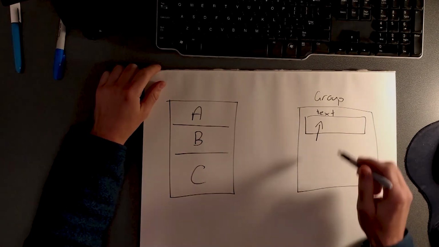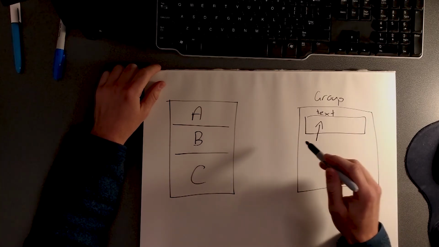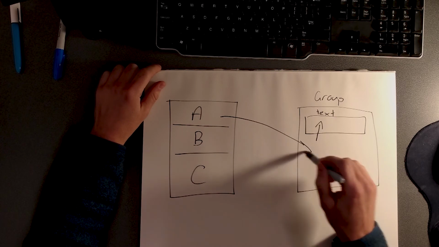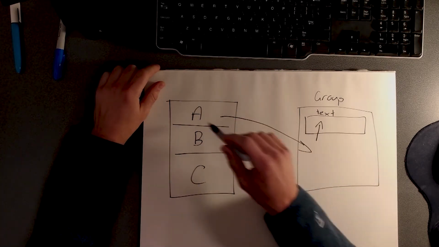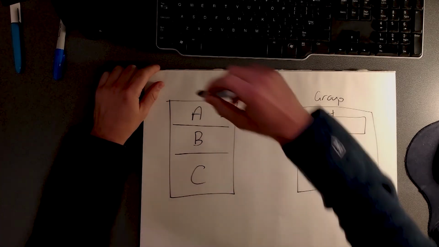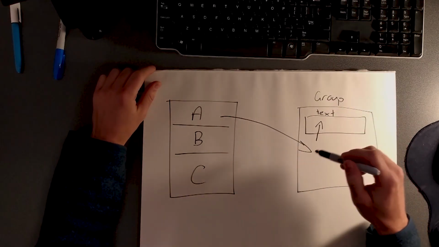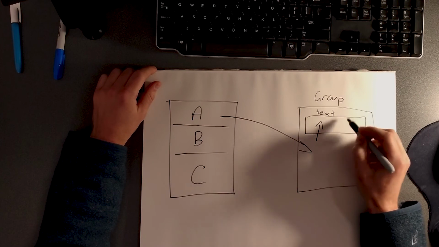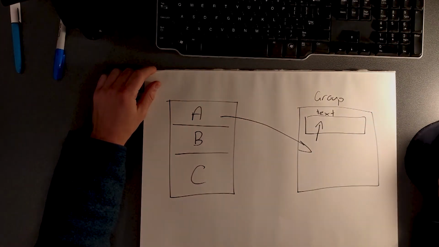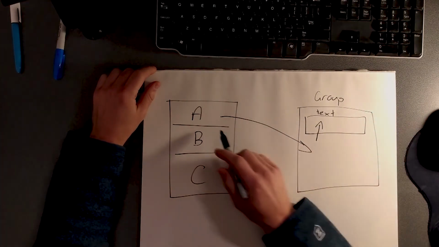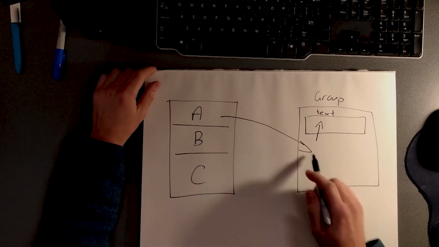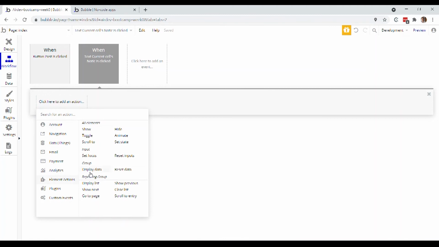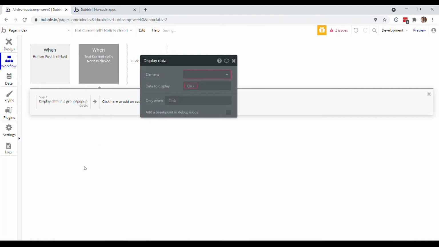And that group, if we remember, can actually take the value of one of those cells when one of those cells is clicked. So we can go straight from the repeating group to the group and then pull that value through into the text field, right? So that this push action here corresponds to that display data action down here.